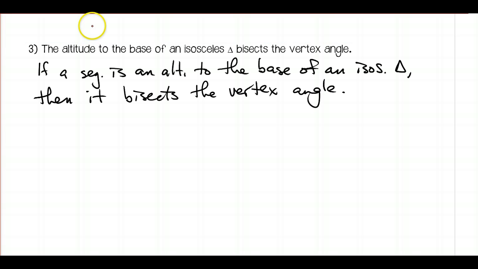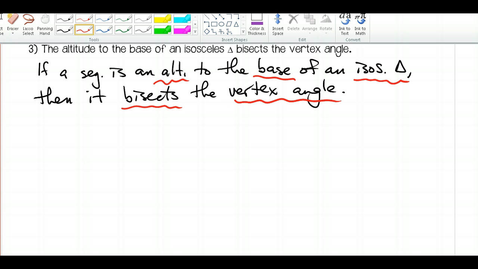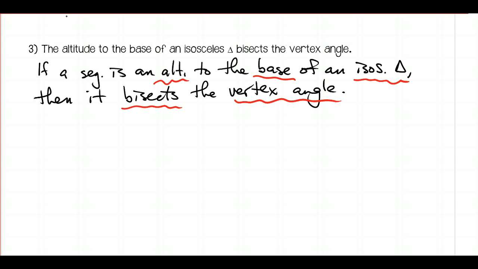So we've got a lot of keywords here. I've got altitude, I've got isosceles triangle, I've got base, I've got bisects, I've got vertex angle. So just about all of these things need to be represented in our proof.